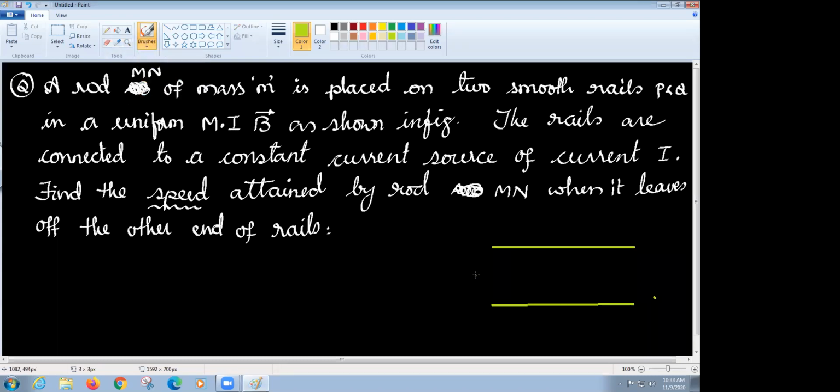Let me take a current source I, not a voltage source, and connect it to the rails. Sorry, will there be current in this loop now? Anyone?